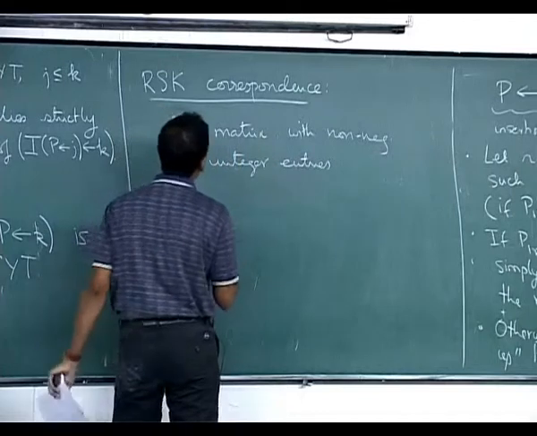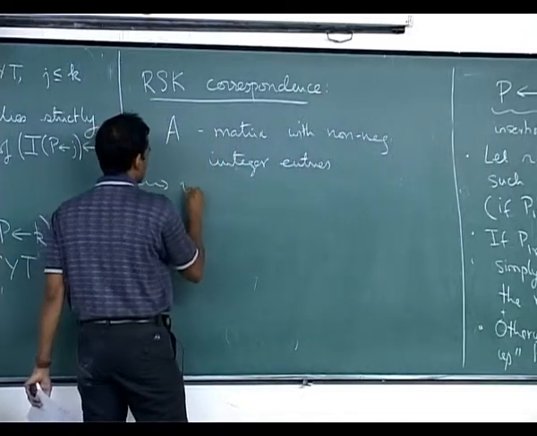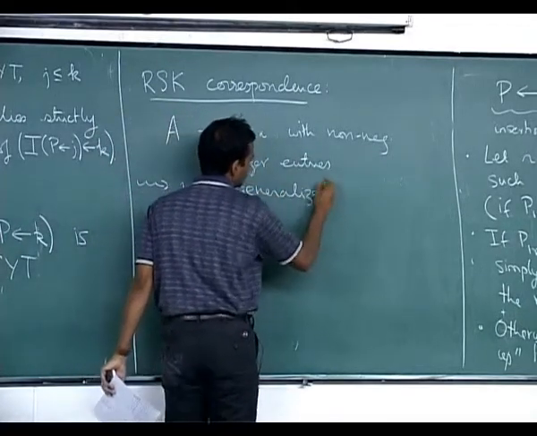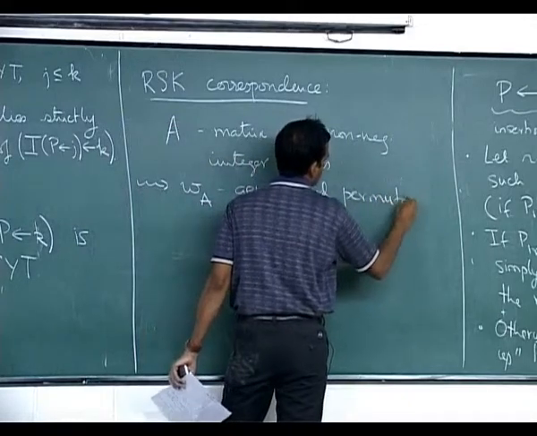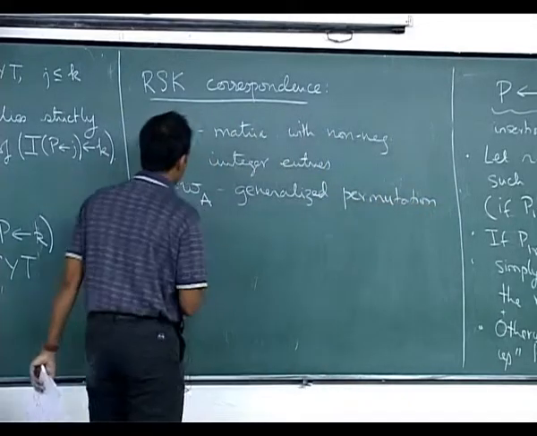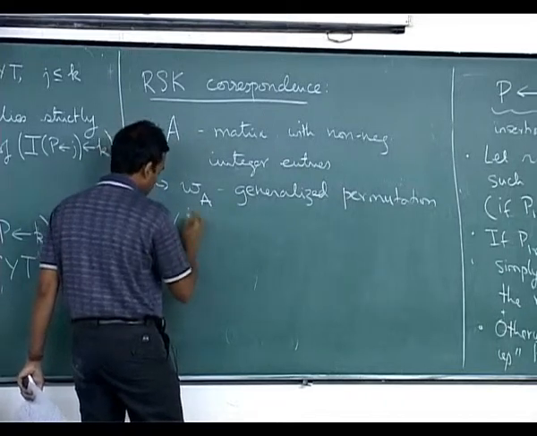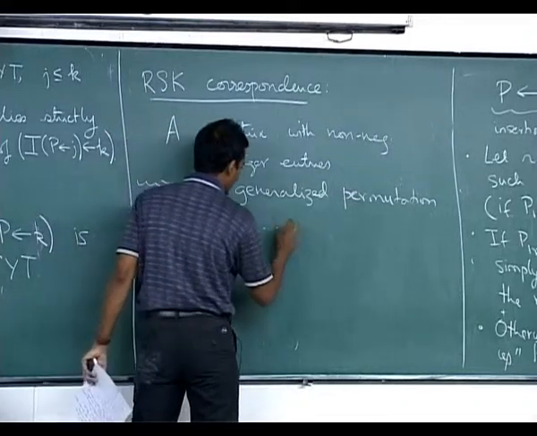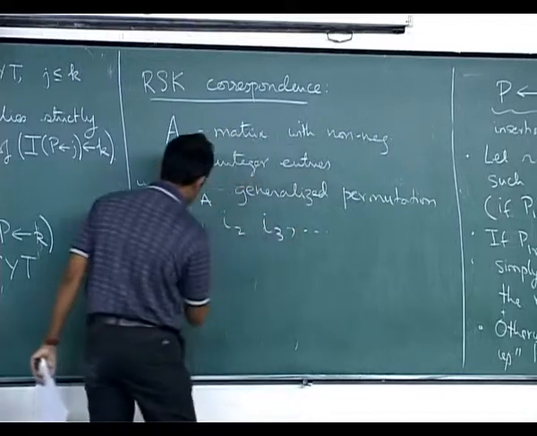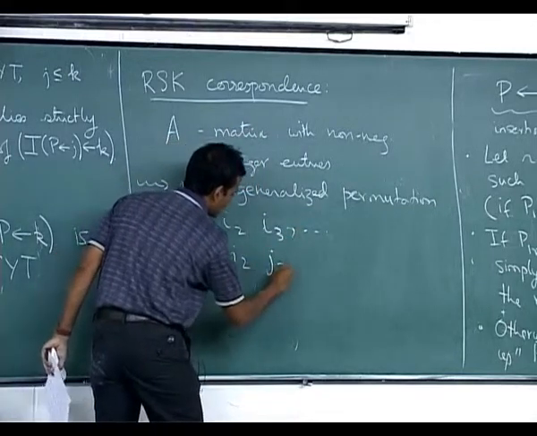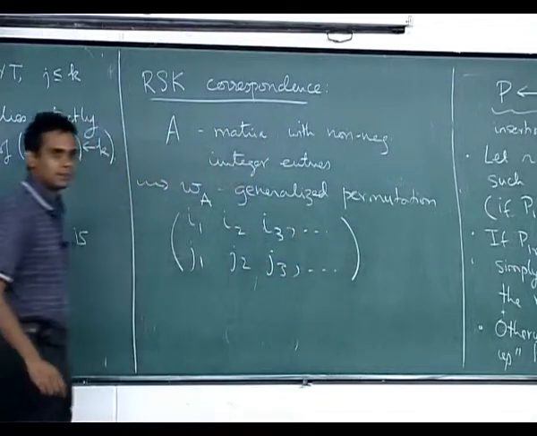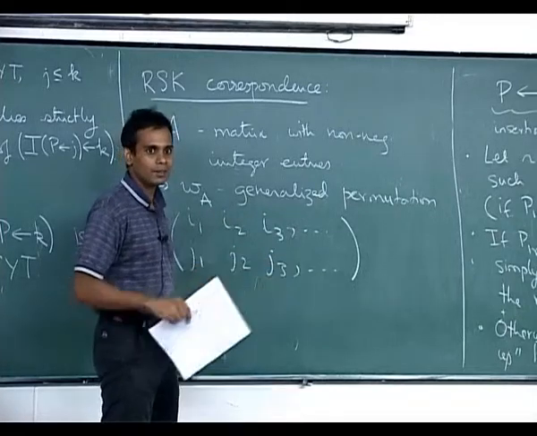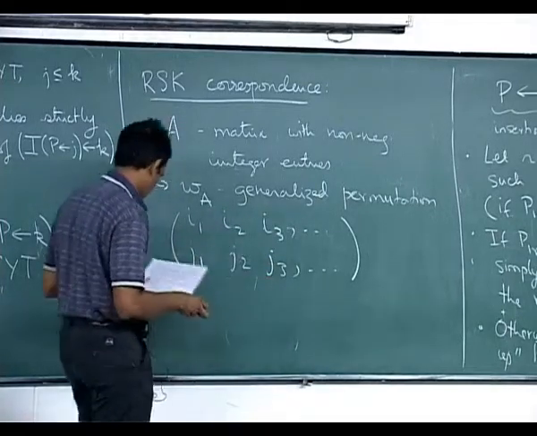And to that I will associate something I will call WA, a generalized permutation. It's a two row array of numbers I1, I2, I3 dot dot dot, J1, J2, J3 dot dot dot of some finite length. Now, permutation means these would be the numbers 1 to n and this would be some scrambling of it, but here the condition is slightly weaker.